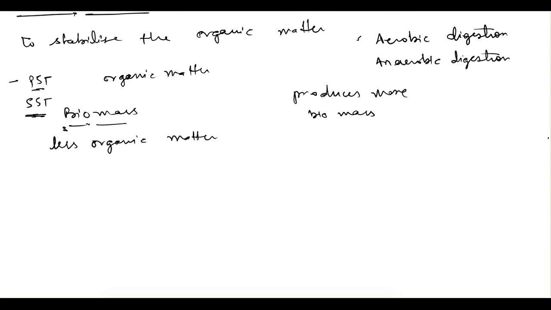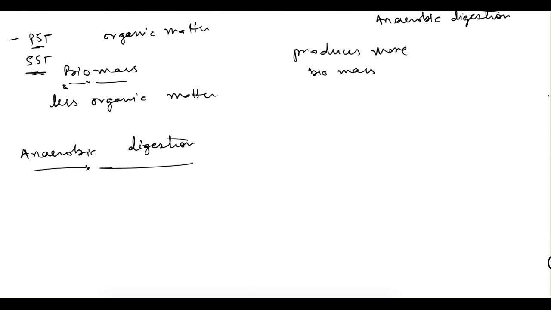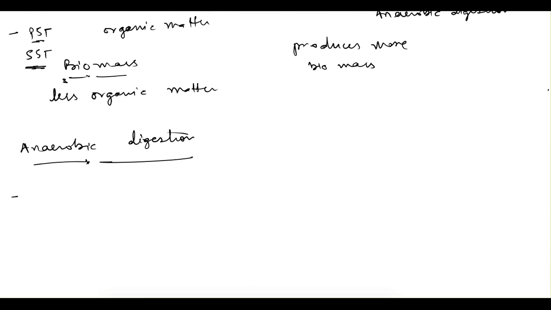Let me tell you some more points about anaerobic digestion. It is done in a closed chamber, or the digestion tank as we call it. In anaerobic digestion, we saw two types of bacteria work. First is acid producing bacteria, and we call this first stage acid fermentation.